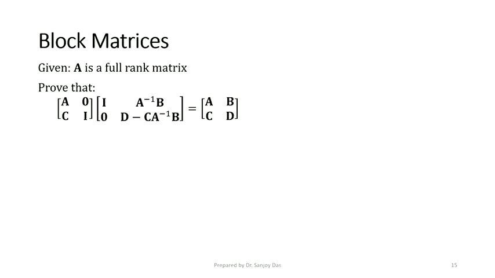Now here's something that you might have dealt with, especially in communications: block matrices. Have you? So here's an example of how to deal with these matrices. First of all, you must ensure that the rows and the columns have compatible dimensions. So this is a block matrix, and this is a block matrix.